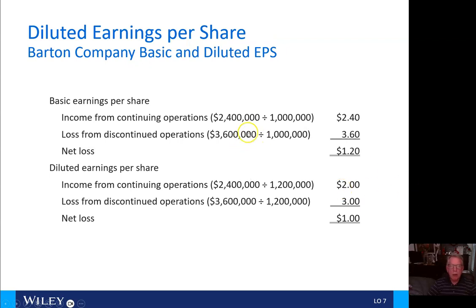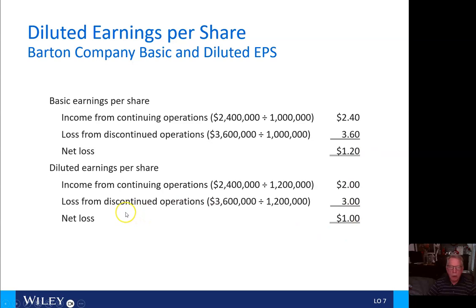So our basic earnings per share, pretty easy to figure here. 2.4 million divided by 1 million gives me $2.40. The loss from discontinued operations, 3.6 million divided by 1 million shares. So we have $3.60 of loss per share, and a net loss of $1.20.